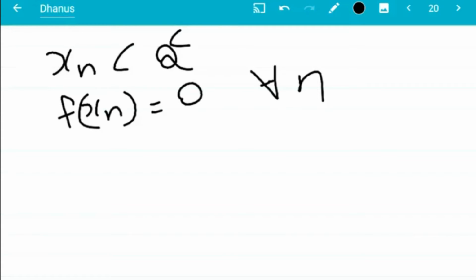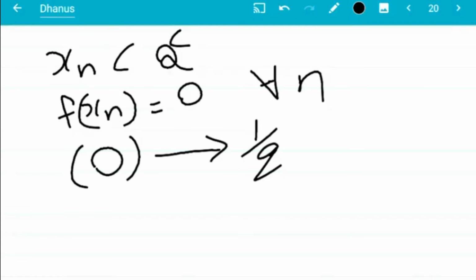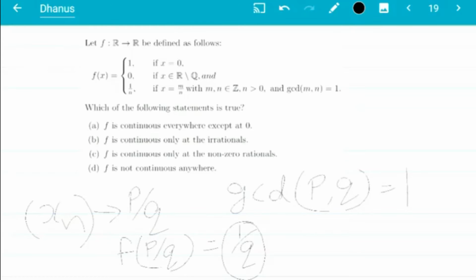And that sequence of zeros converges to 1 by q. That's a false statement. That's why in general this function is not continuous at rational numbers. And now we have to prove that this function is continuous at irrational numbers.